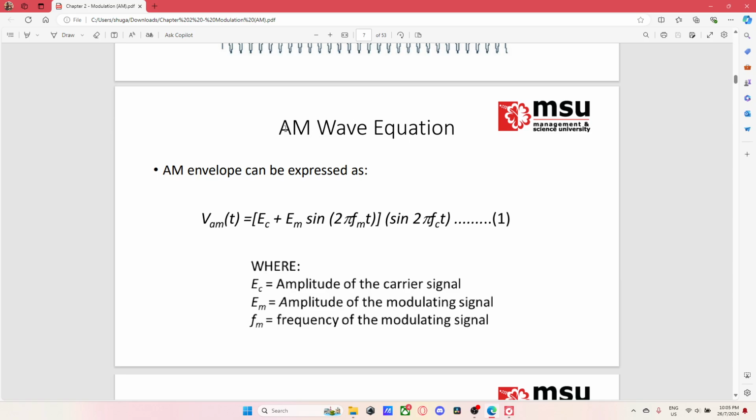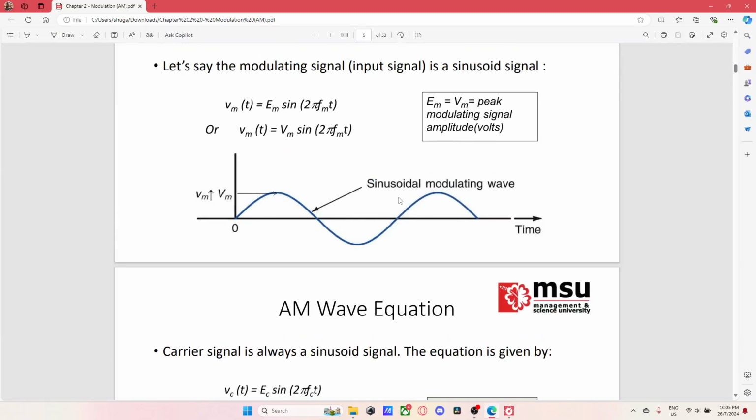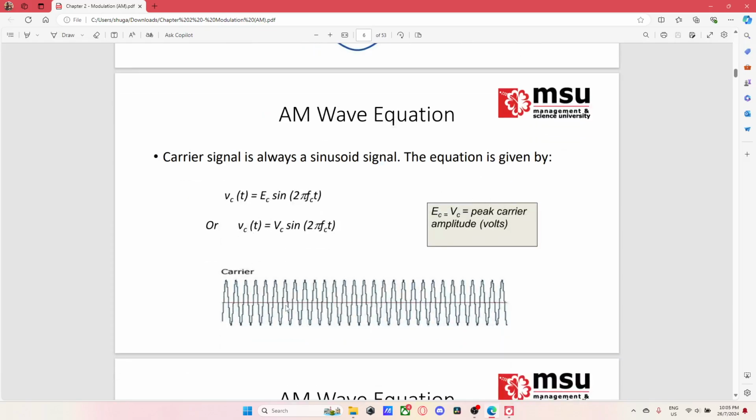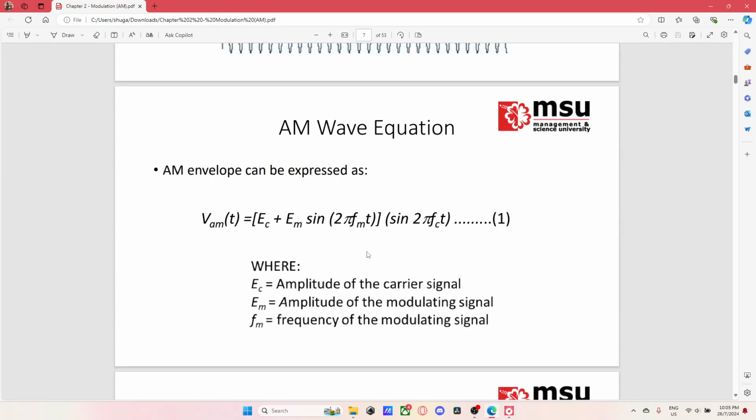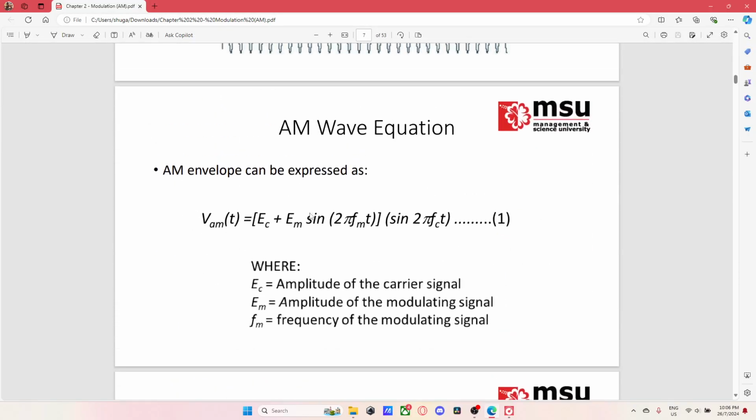This is the AM wave equation because it can be expressed when both of these are combined. This equation is for the modulating signal and this is for the carrier signal. But when you combine both of them into the AM envelope, it has this equation: AM equals bracket EC plus EM sine 2 pi FM time, bracket close, and then all of this is multiplied by sine 2 pi FC time.